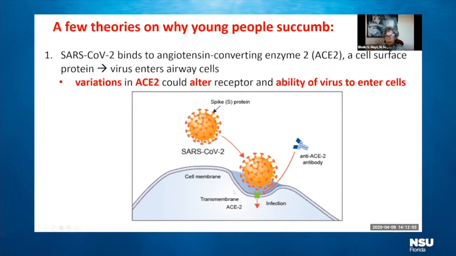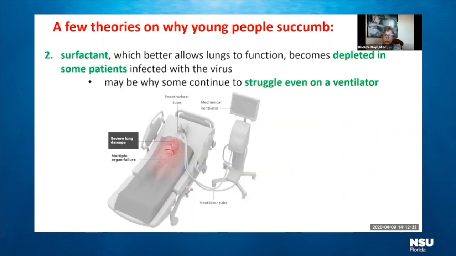One theory is that there may be genetic variations in this ACE2, the receptor that the virus binds to, such that there is differing susceptibilities no matter what your age might be. Okay, so if there's a variation in this ACE2, then it might alter the ability of the virus to enter the cells. That's one theory. Another theory is that the surfactant, which allows our lungs to function, may become depleted in some patients that are infected with the virus. We are still trying to figure out why that happens.